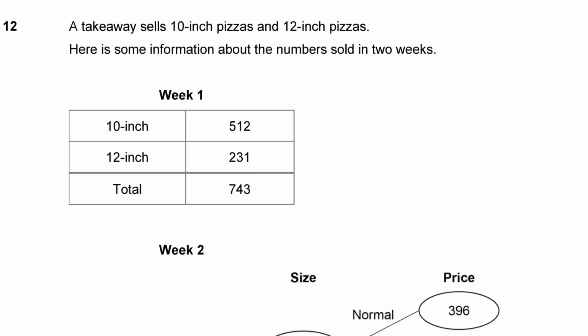Question 12. Our takeaway sells 10-inch pizzas and 12-inch pizzas. Here is some information about the numbers sold in 2 weeks. In week 1 we've been given a table of values. We can see that 512 10-inch pizzas were sold, and 231 12-inch pizzas, giving us a total of 743.